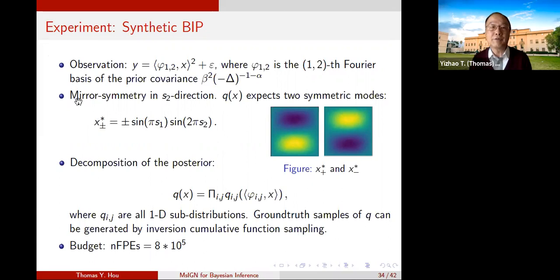This is the ground truth, which we know in this case, and they're exactly mirror symmetric, so two modes. And then the posterior is given by the product of some independent one-dimensional subdistributions. We fixed the budget for the number of evaluations to be 10 to the power 5.